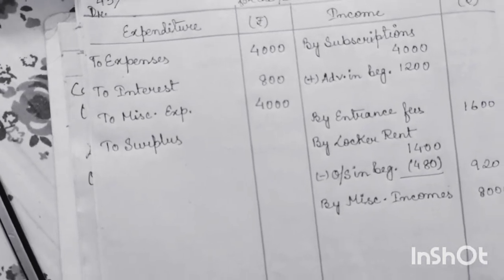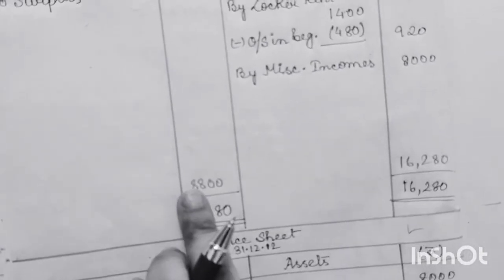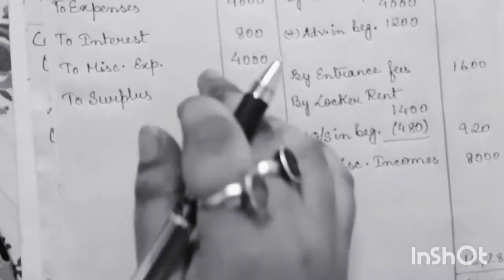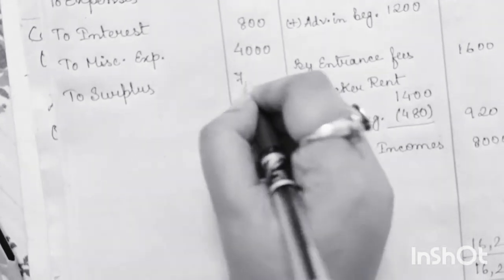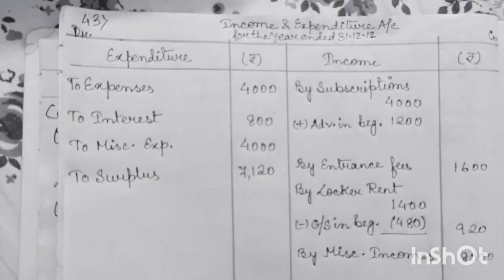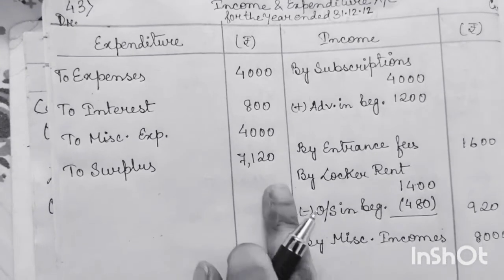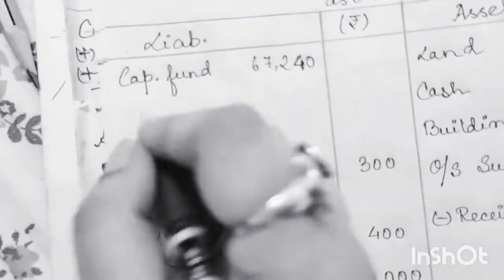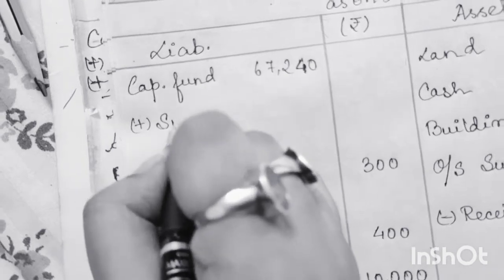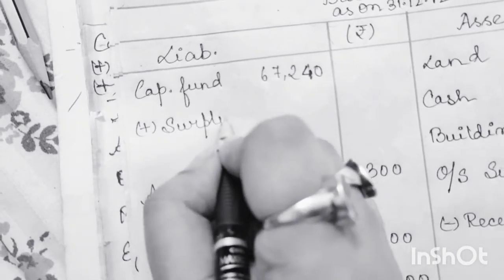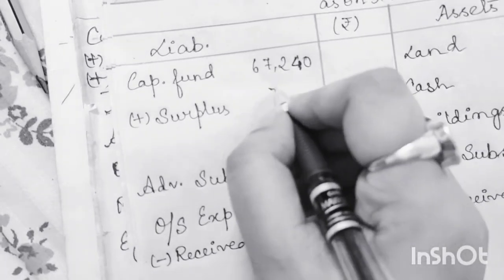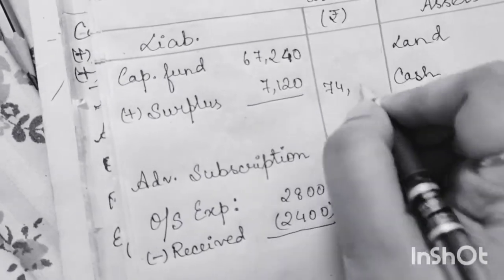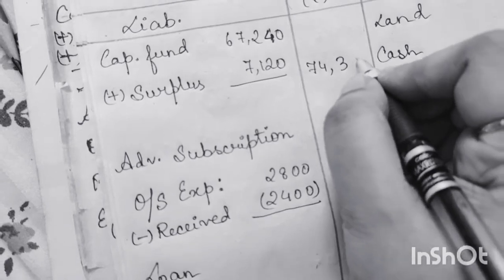If we deduct 8,800 from 16,280, then we will get 7,120 as our surplus. Okay, so we've got surplus of 7,120. Now this surplus will be added with our capital fund. So we'll write add surplus 7,120, and this will give a total of 74,360.